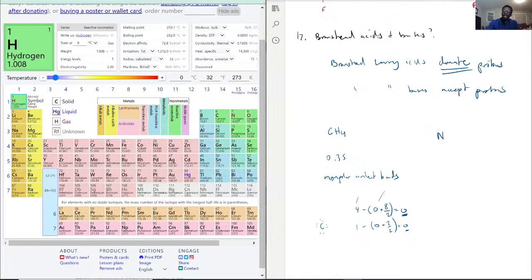Now, there are some things that are okay with breaking that rule to get bonds. Examples are NH3 and H2O. These are examples of both technically Bronsted-Lowry acids and bases. H2O is one that's confusing me. NH3 is an example of a Bronsted-Lowry base because if you draw out its Lewis structure, it has one lone pair. This is perfectly fine accepting a proton.